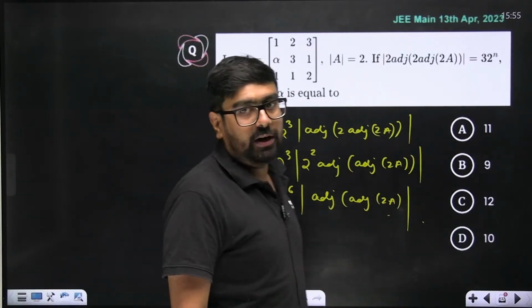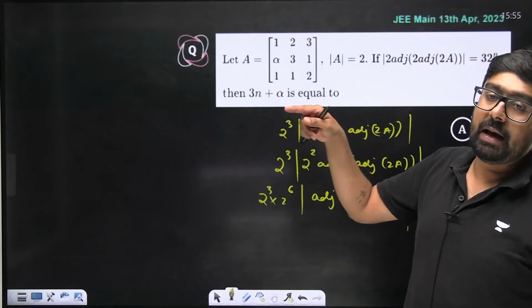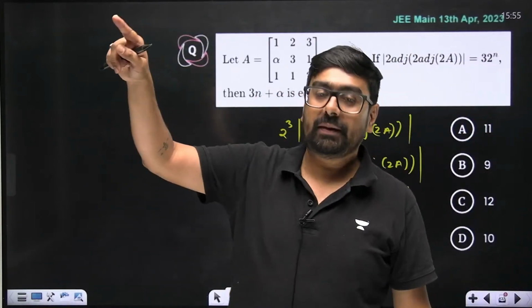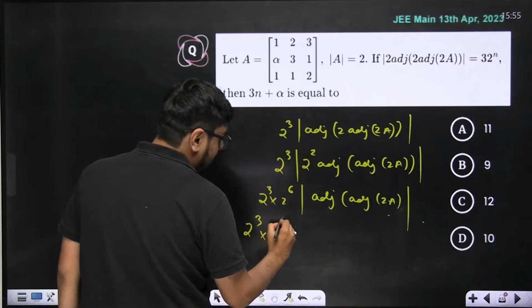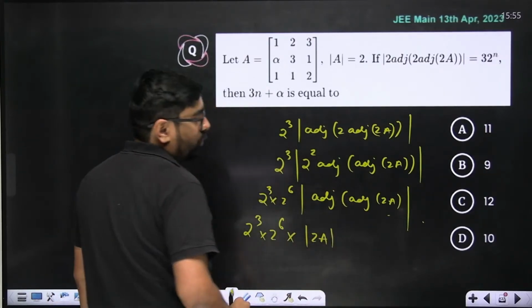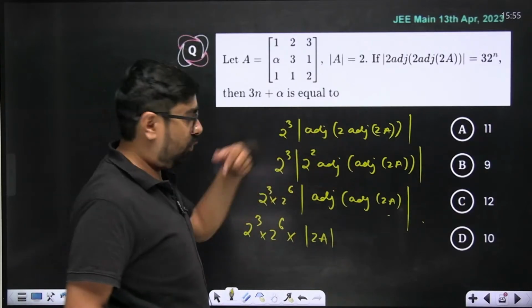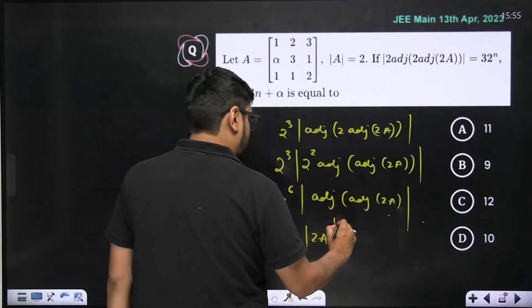Determinant of adjoint of A will be determinant of A to the power n minus 1 whole square, right? So this will be 2 to the power 3 into 2 to the power 6 multiplied with determinant of 2A to the power n minus 1 whole square. That means 3 minus 1, 2 square, 4.